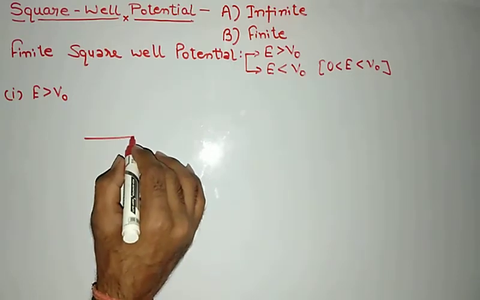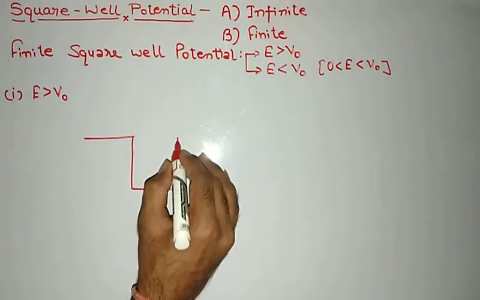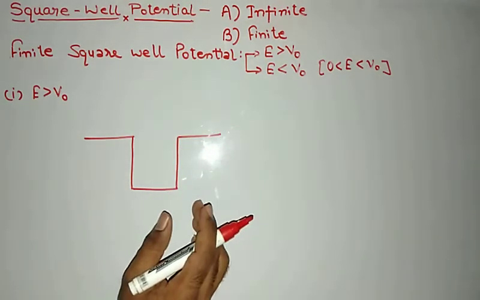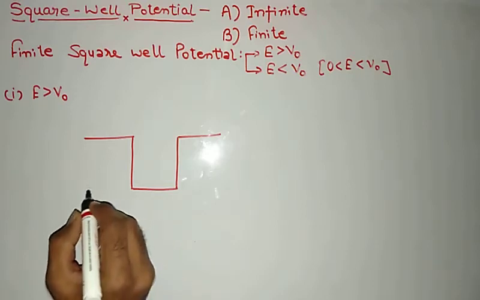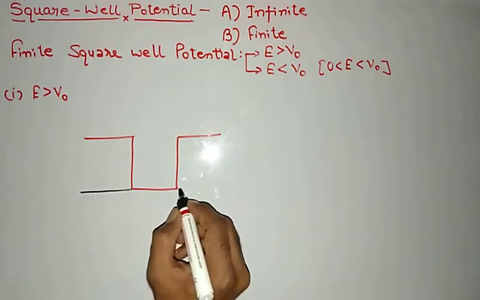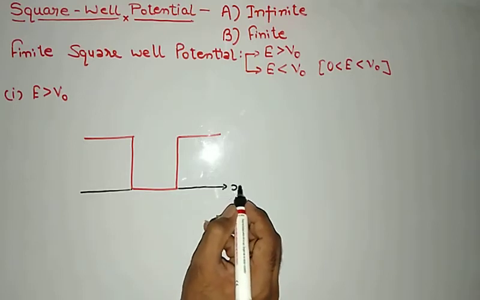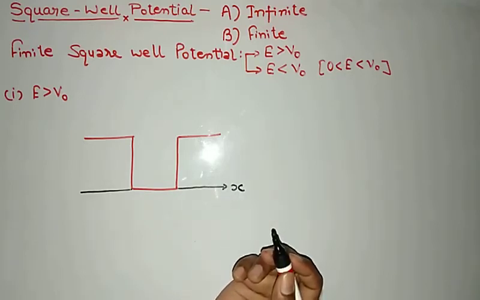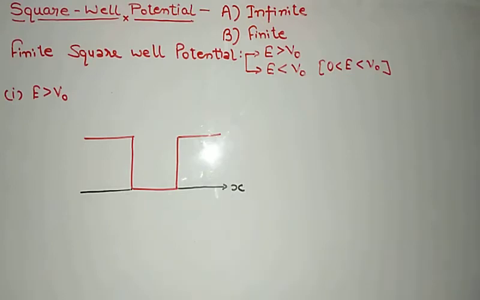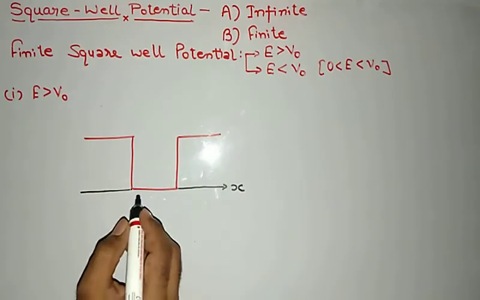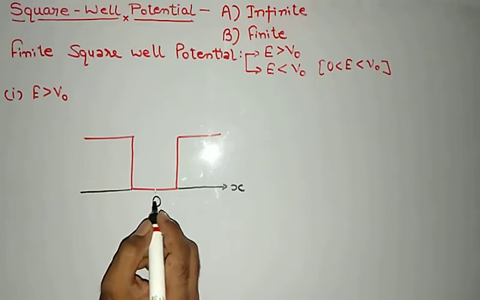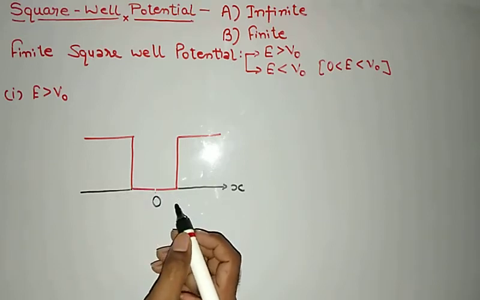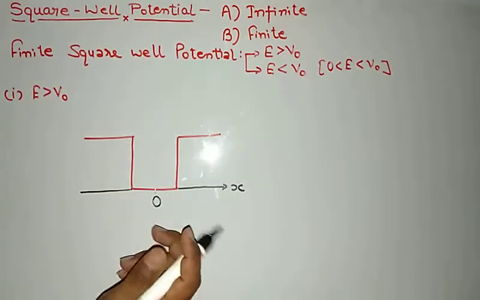is square potential looks like this, and here we have the x direction, Vx, taking the center as 0, as we are discussing the symmetric finite square potential.